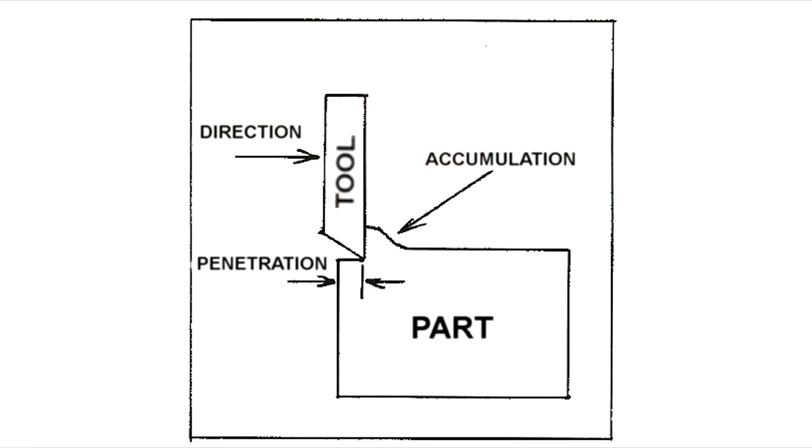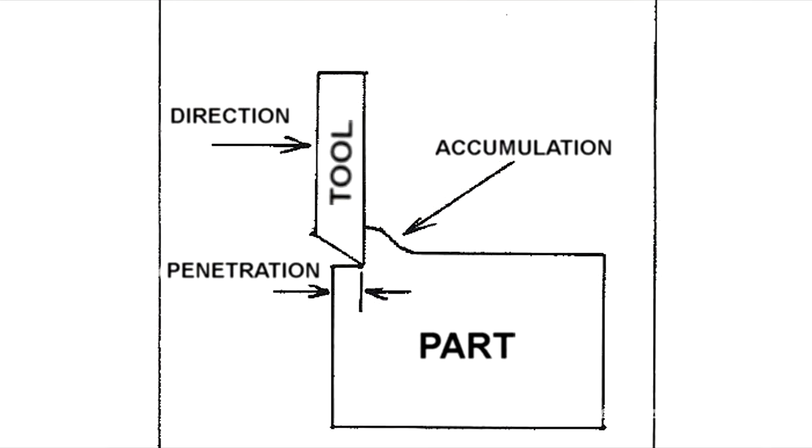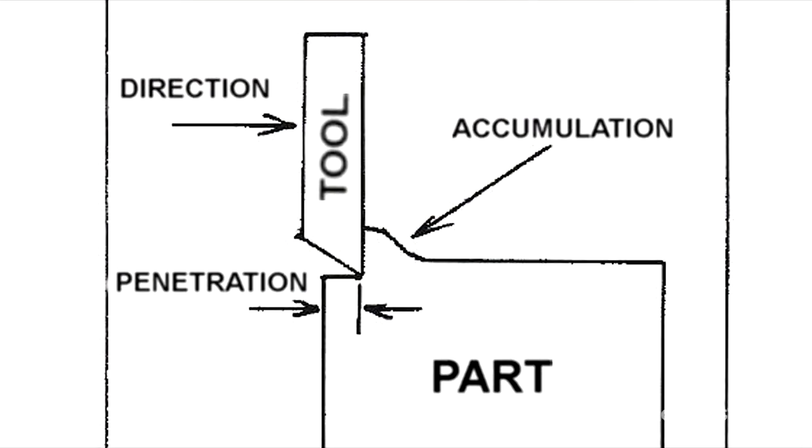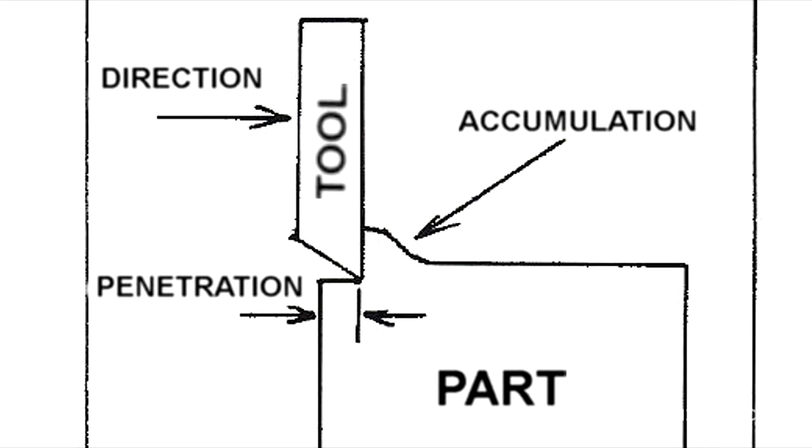Now, it's to be expected that after penetration, which pushes material forward, we're going to accumulate a certain amount of material in front of the tool. The accumulation of material is very important because it controls the temperature of the chip that we're going to produce.